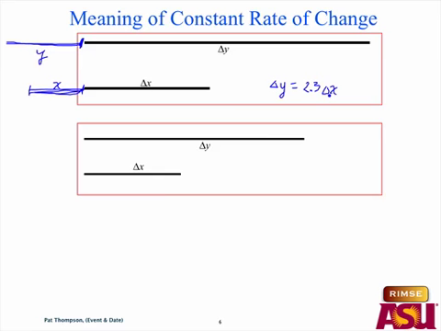If these are exhibiting constant rate of change, then in the second box, what can you say about delta y? It's the exact same thing. Delta y equals 2.3 of the change in x. If these are in constant rate of change, she's saying that down here, delta y also equals 2.3 delta x. Would you agree with that?